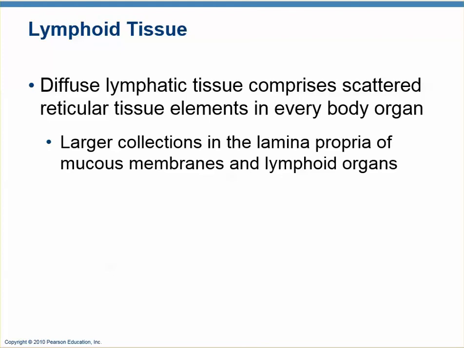We find lymphatic tissue, and it's just reticular connective tissue, anywhere where there's a potential for invasion. So it's really in the mucous membranes, in the lamina propria, places where foreign invaders can get in.